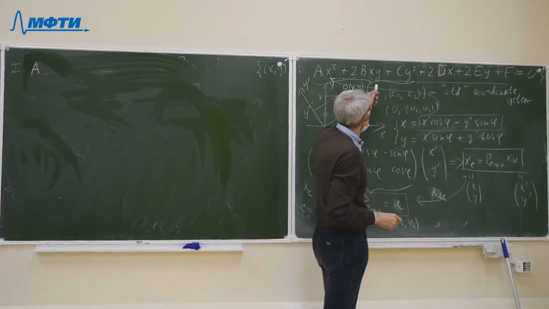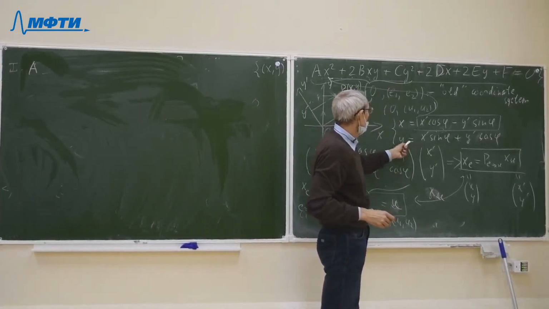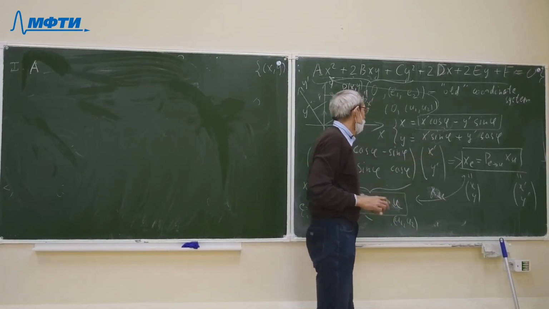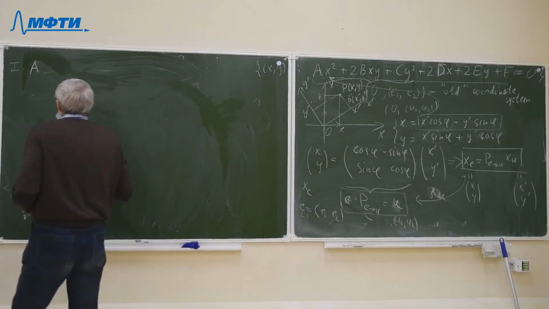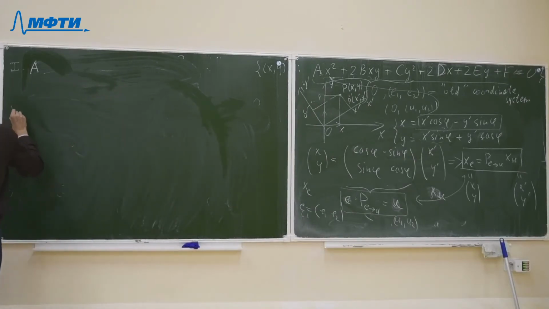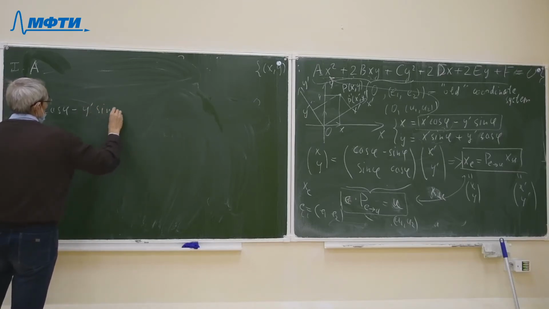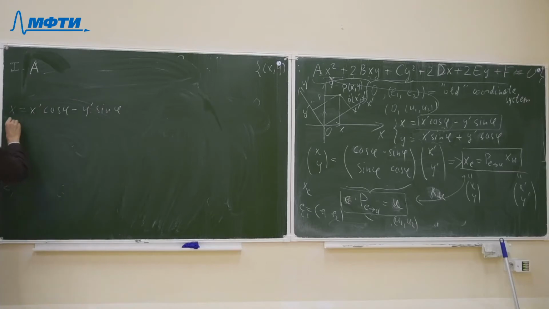We can change in this expression y by this formula, and we have x prime cosine phi minus y prime sine phi.